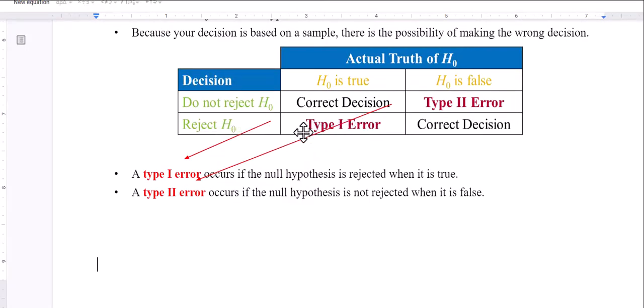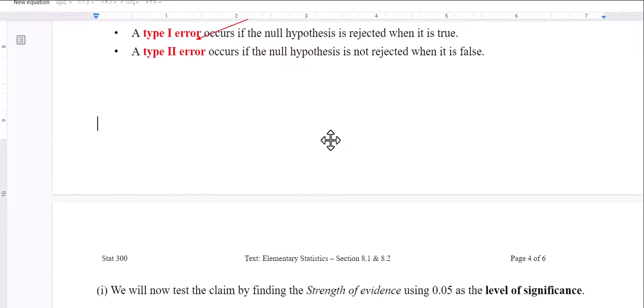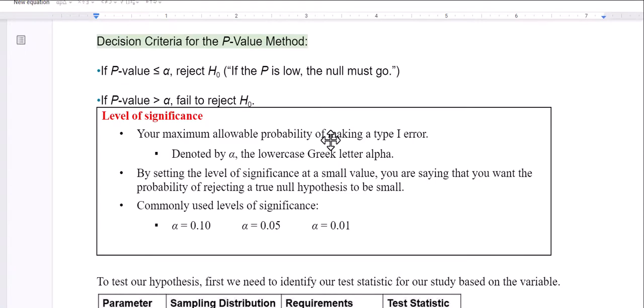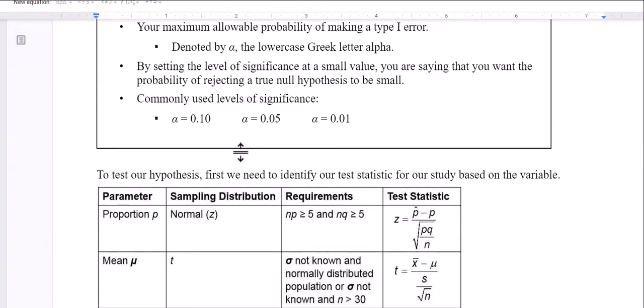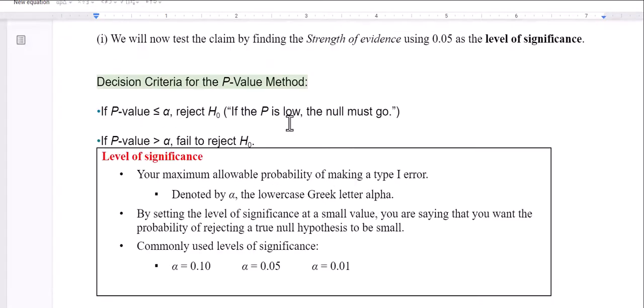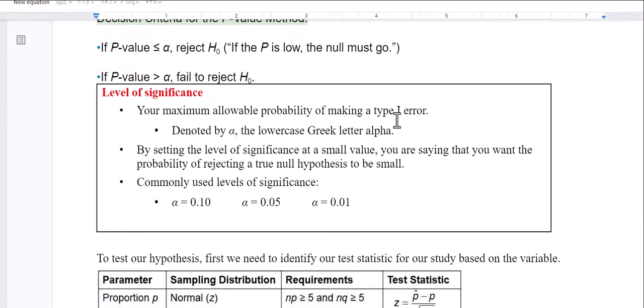We don't want to make a type 1 error often. The level of significance gives us the probability of making a type 1 error, so we want those alphas to be small. 0.05 is the one used most often, and that's what we're going to use for our sample.